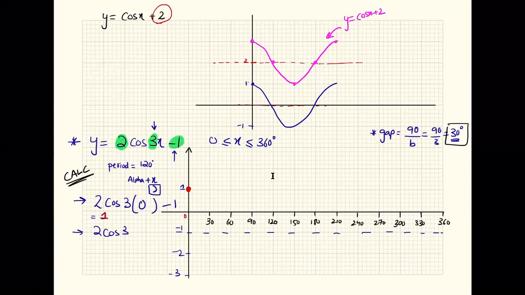Now find it at 30 degree. 2 cos 3 times 30 is going to give you 90 minus 1, ठीक है। एंड cos 90 कितना होता है, 0 होता है। So 2 times 0 is going to give you 0, so आंसर आ जाएगा -1। Are you getting my point?